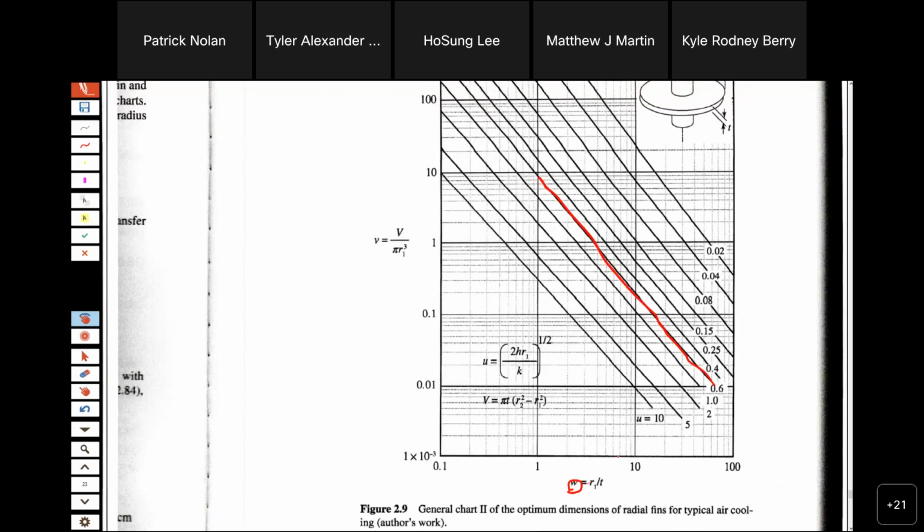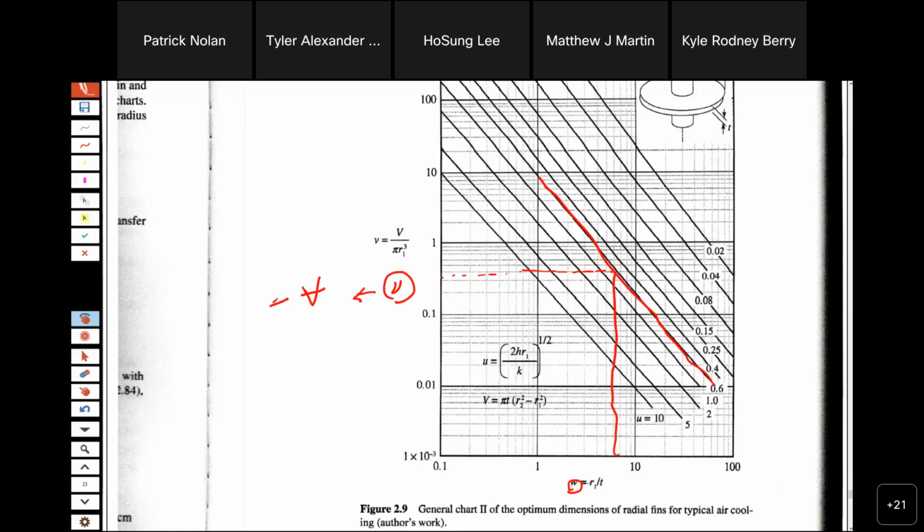Anyone remember? I forgot. Well, whatever, we have to calculate. I don't know, R1 over T. Yes, I have to calculate. And then I have to figure out V. Once I have V, it will tell you the volume. Say yes. Once I have V, I can get the volume.